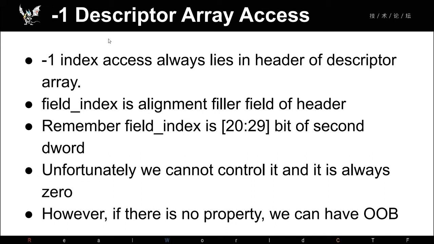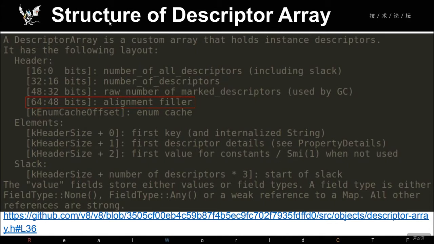The -1 descriptor array index always lies in the header of the descriptor array. If we remember the structure of the descriptor array covered in the last part, we know the header contains the following contents.